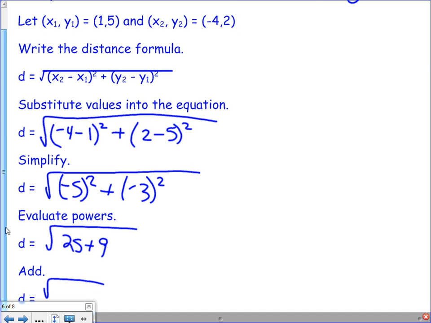Okay, and 25 plus 9 is going to be 34. That's not going to come out exactly evenly, okay? So we can just keep it as the distance equals the square root of 34, or we could write an approximation of that using our calculator to the nearest tenth. But we could keep it like that for now.